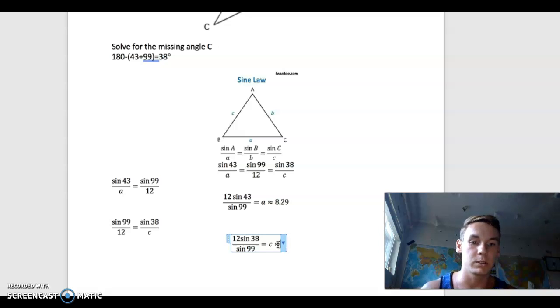Make sure you close all your parentheses so it does it right and it doesn't do anything out of order. And this one would equal 7.480029. Now rounding to the nearest hundredth, you would do 7.48.